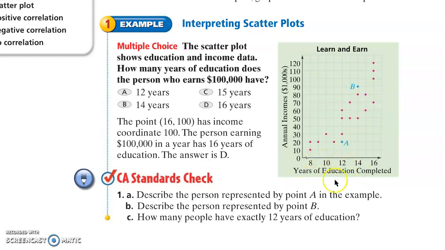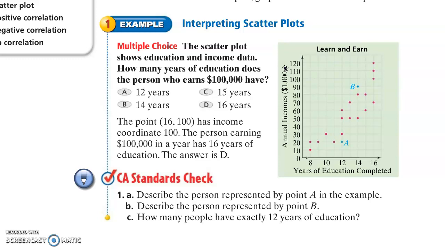So the x-axis talks about the years of education, and we're going to compare that to the y-axis, which tells you how much money they make in thousands of dollars. So they even notify that this is in thousands of dollars, meaning this person didn't make $10 a year, they made $10,000. This person up here would have made $70,000 because it's 70 times 1,000.